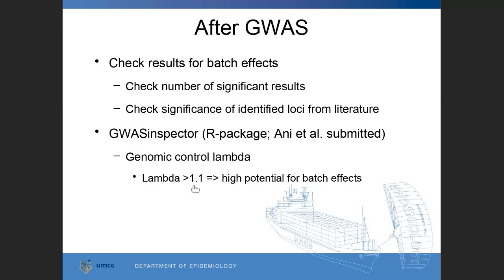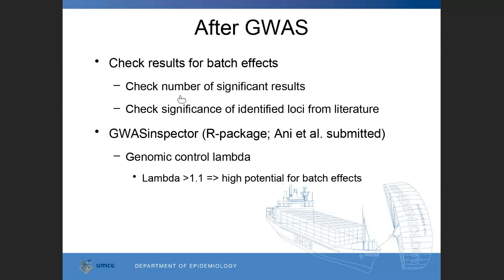He suggested a threshold of 1.5, but it depends on whether you have a disease phenotype or a trait, so a continuous phenotype. For a trait, I would say a value of 1.1 is an indication that there is a high potential for batch effects.